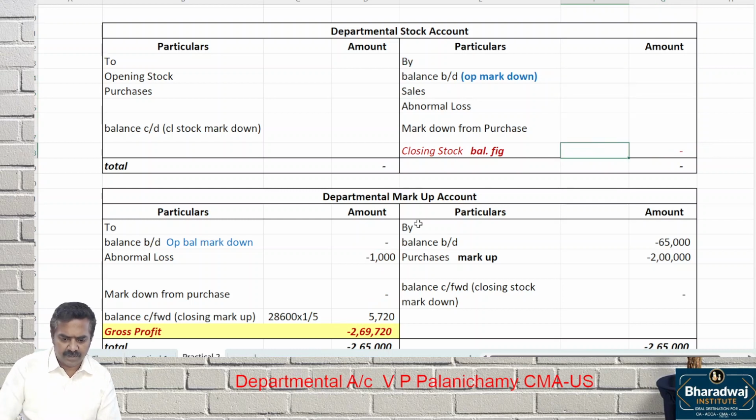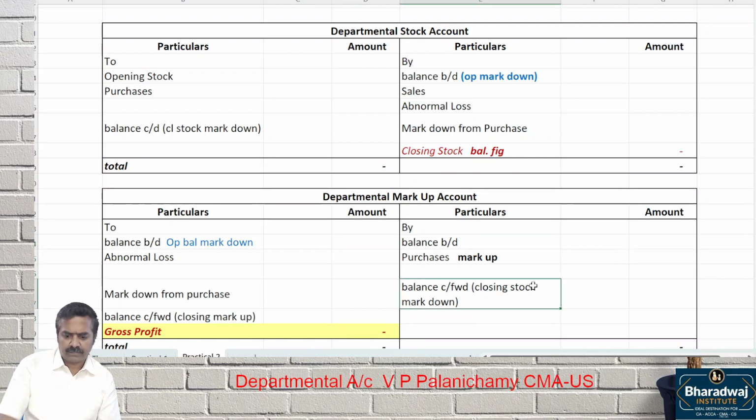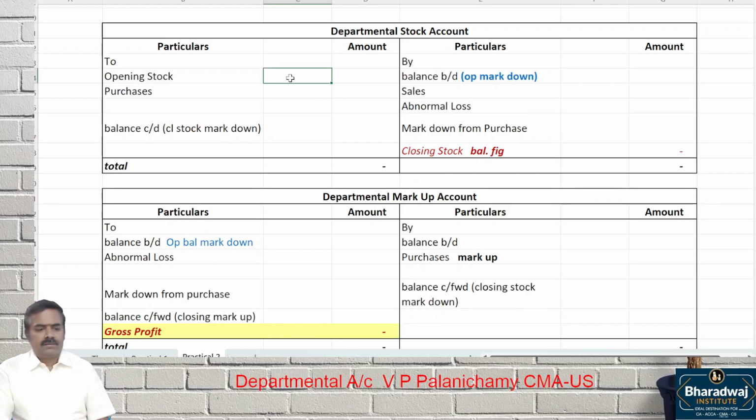Just cut, copy, paste is enough. November 2019. Tell me the opening stock amounts. You are the one going to tell. 1,50,000 plus how much markup? 180.